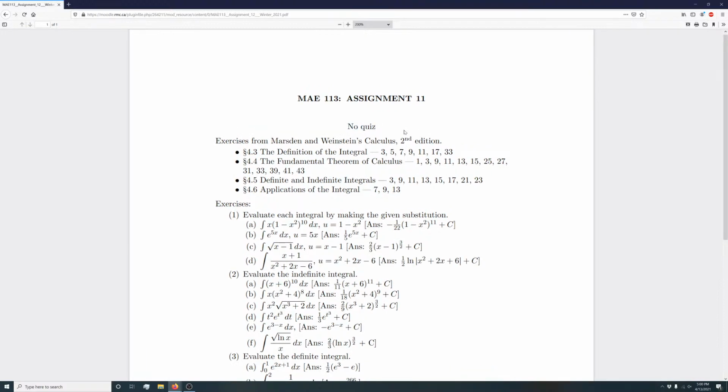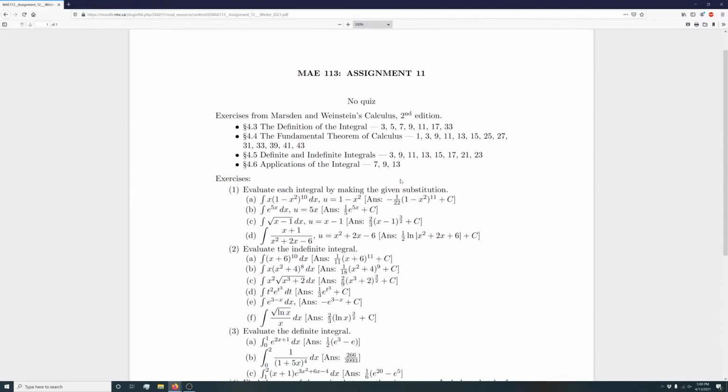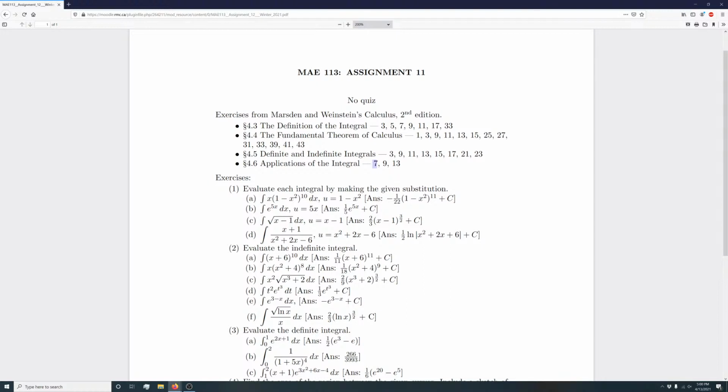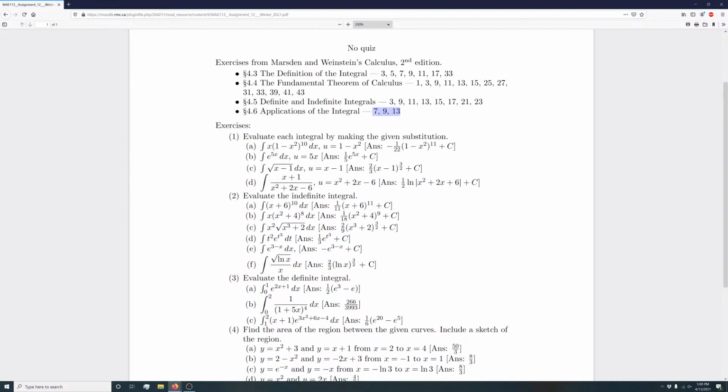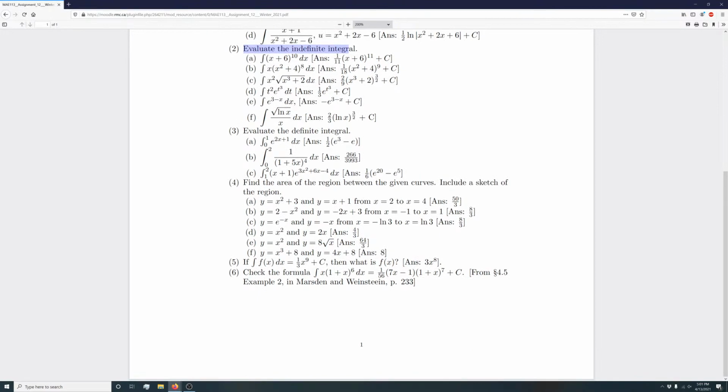These are questions that we'll still have to do, but we have the definition of the integral, fundamental theorem of calculus, definite integrals, and about 3 questions on the applications of the integral. If I remember correctly, it's, given the velocity, find the displacement or the total distance traveled. You'll also have, given the substitution, evaluating the indefinite integral, evaluating the definite integral, finding the area between the curves.